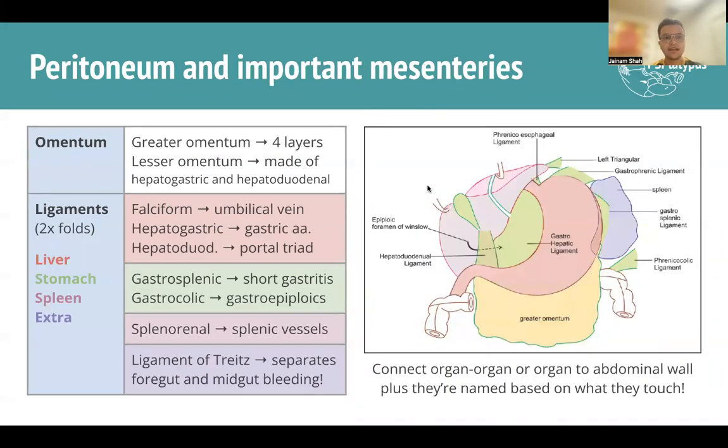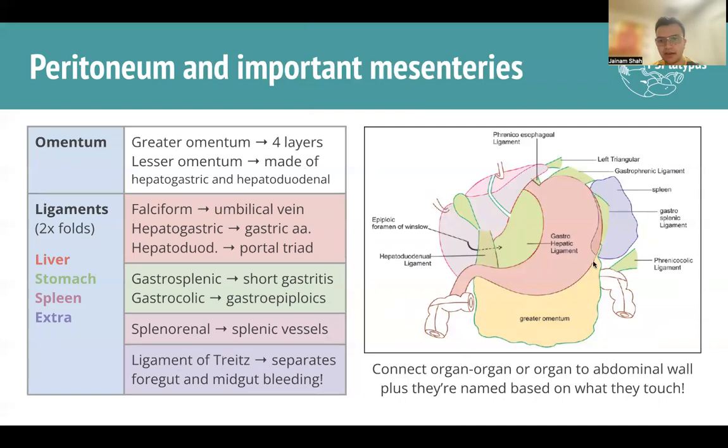All right. Then the second most confusing thing is actually figuring out what all these names of the peritoneum are. So the peritoneum itself stays the same. It's just that when it folds on itself or when it does all sorts of things regionally, it starts to get different categories. So when we think about the omentum, the greater omentum and the lesser omentum are the two things we're talking about. You can kind of see them illustrated here.